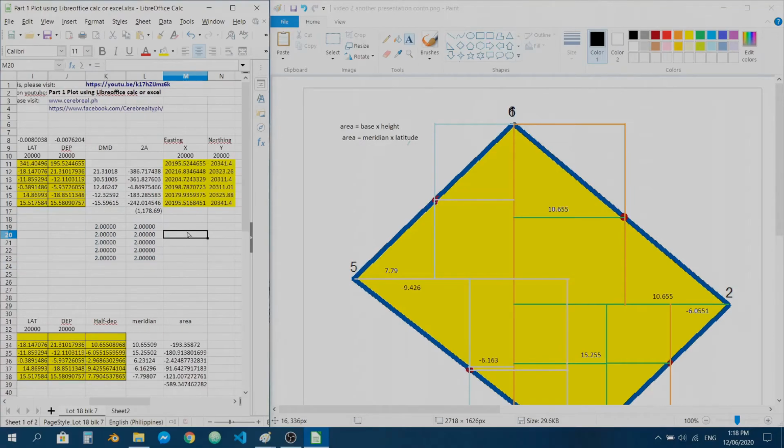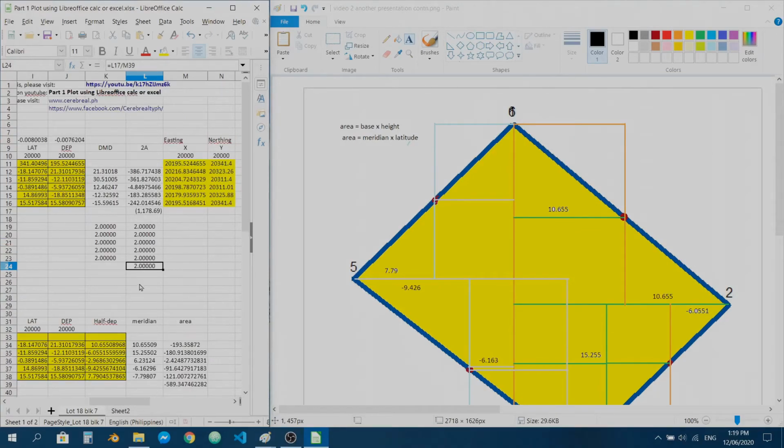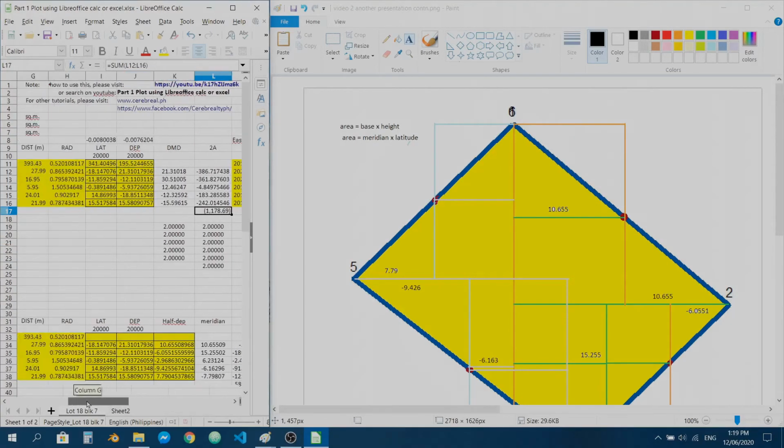For the area, this one is just the double area divided by the area that we computed in explaining the meridian concept. So you can see it's just double. Necessarily, the resulting area is twice that of the one we previously explained. Since that's the area, we need to divide.